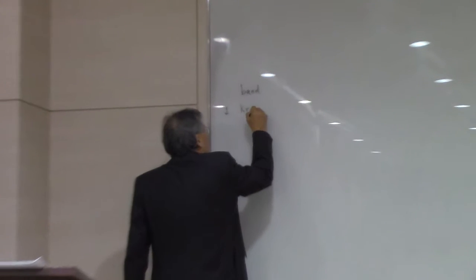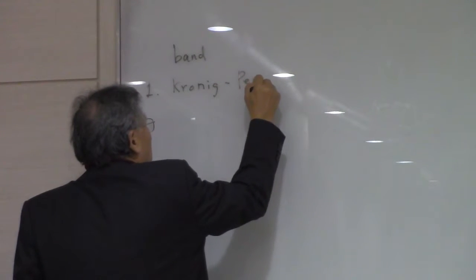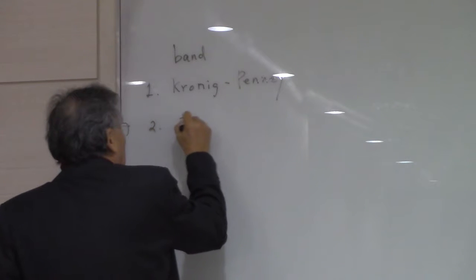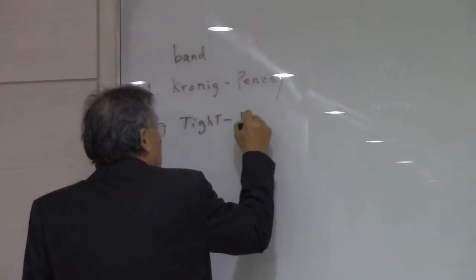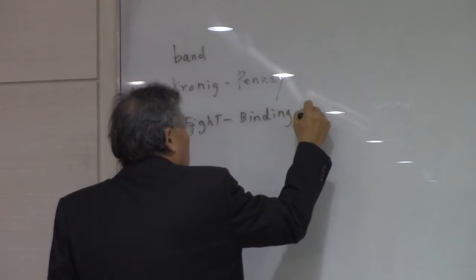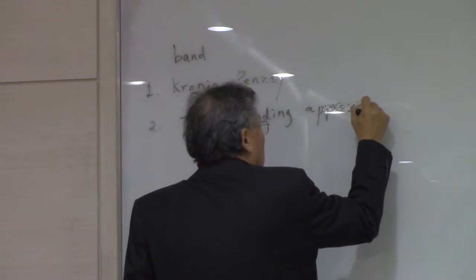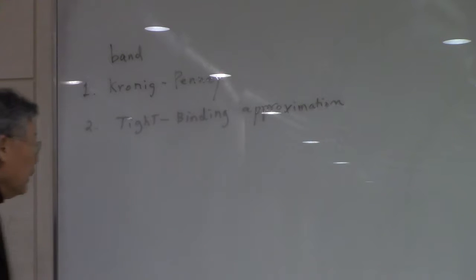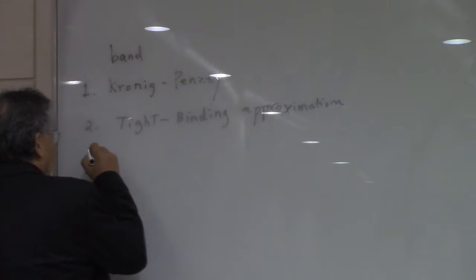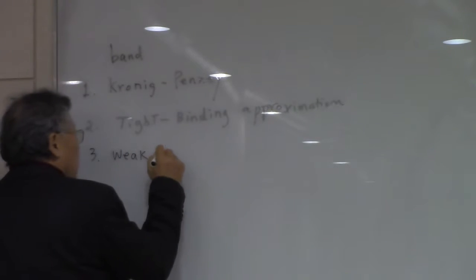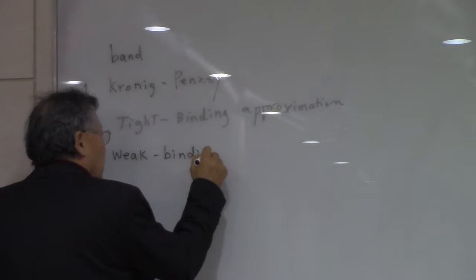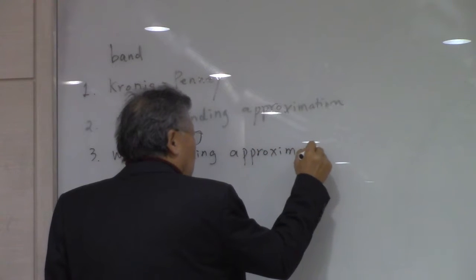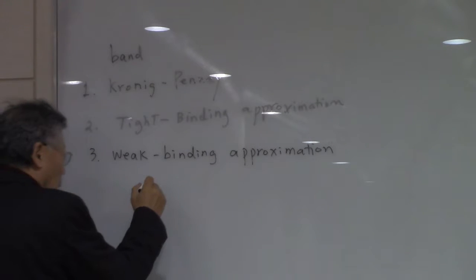One is Kronig-Penney, and then tight binding approximation, and weak binding approximation.